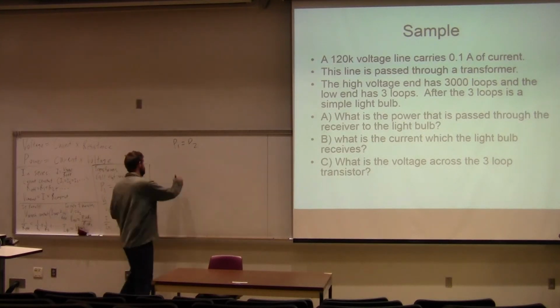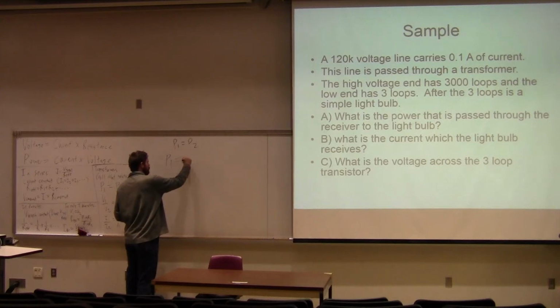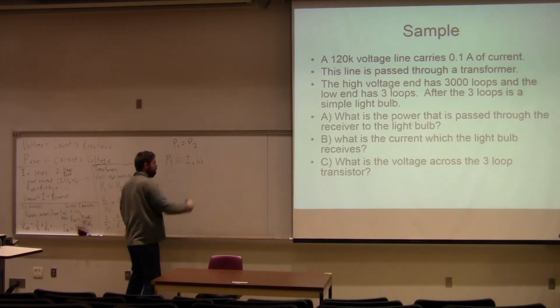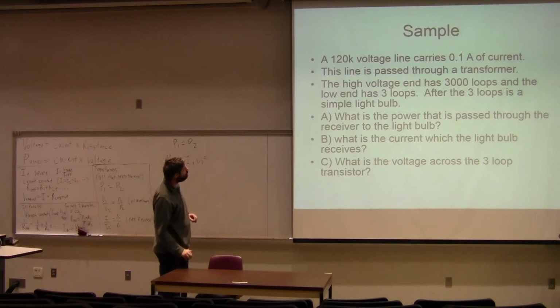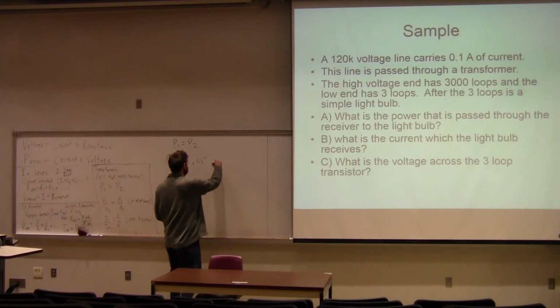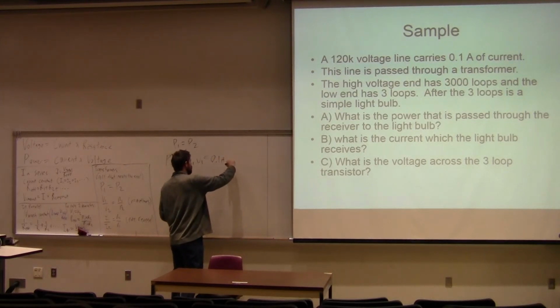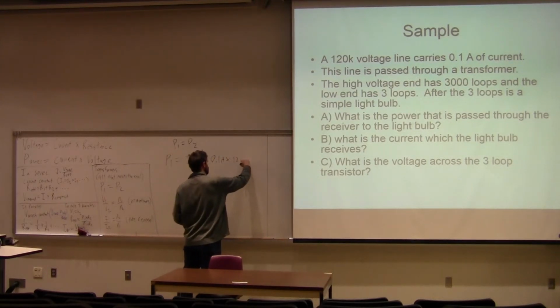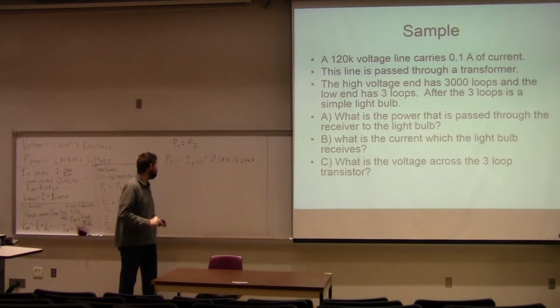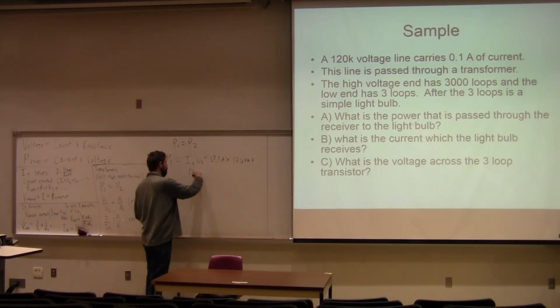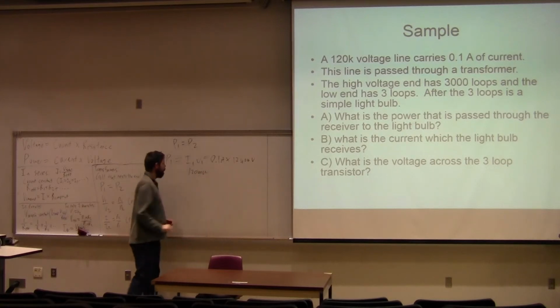So the first thing I need to do is calculate power 1. Power 1 equals current 1 times voltage 1. Let's see if I have that. Current 1 was 0.1 amps. Voltage 1, 120,000 volts, which means my power is 12,000 watts.